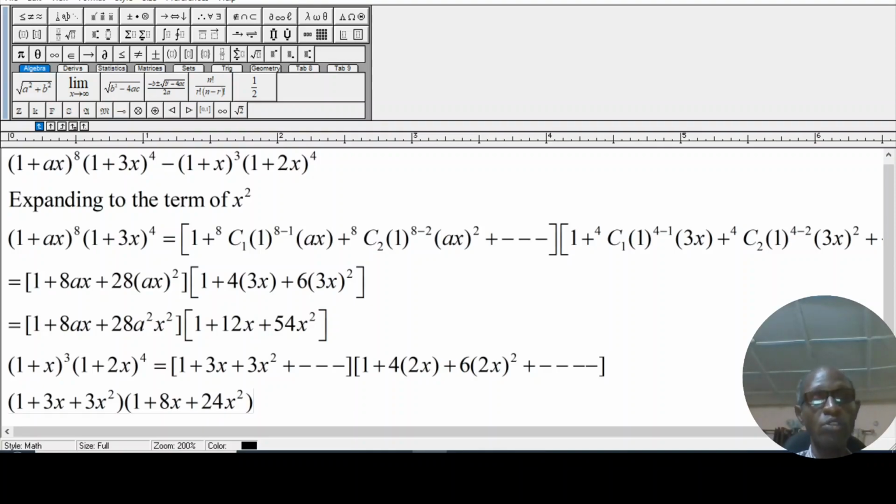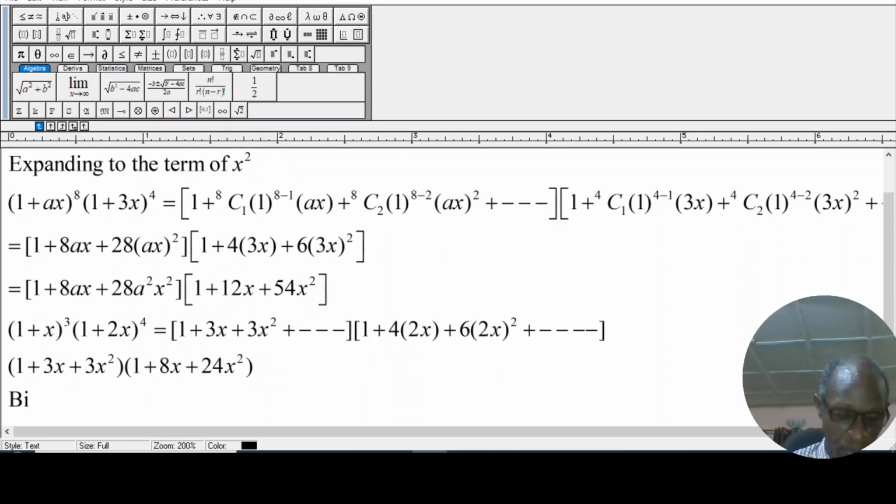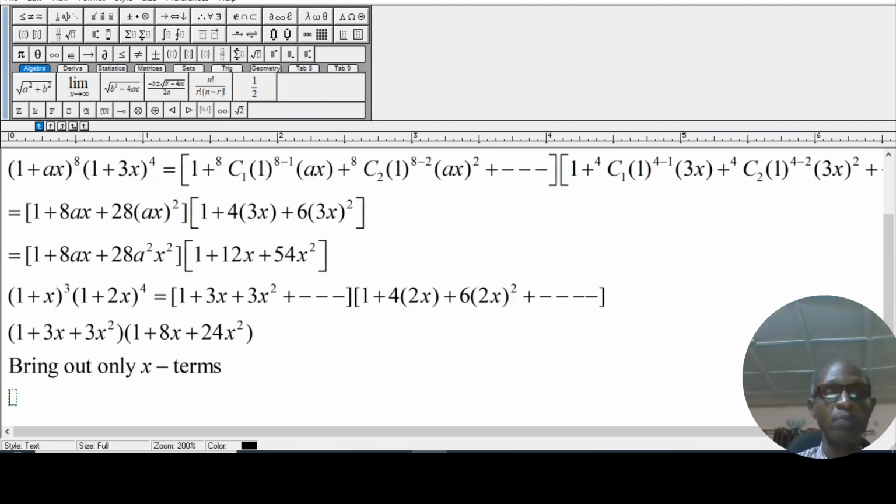So I have ignored other terms and I will only bring out x squared terms from the expansion. So we have 1 times 24x squared. That would be the only one that matters. Anything that is not x squared terms, ignore them.